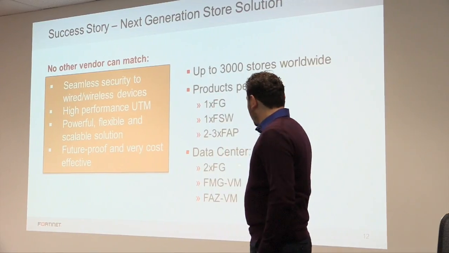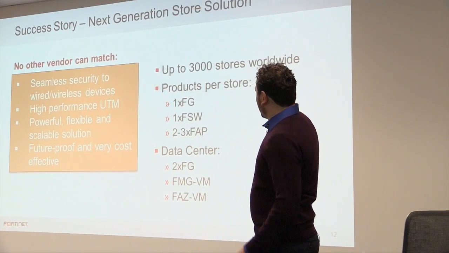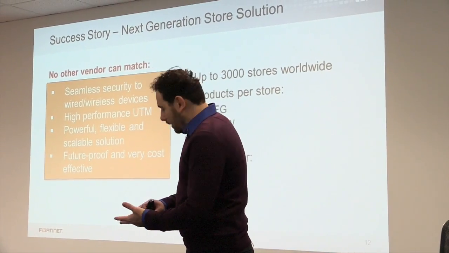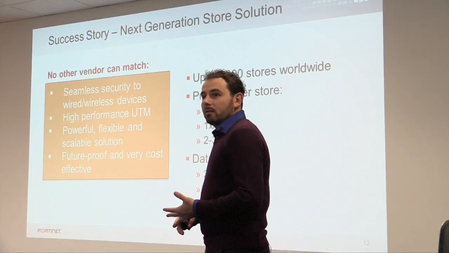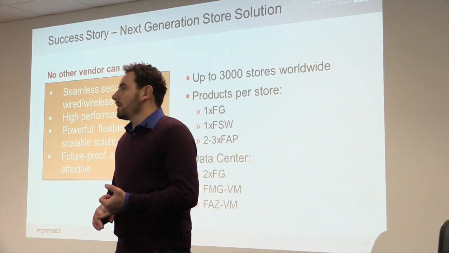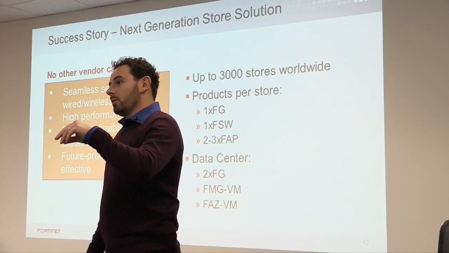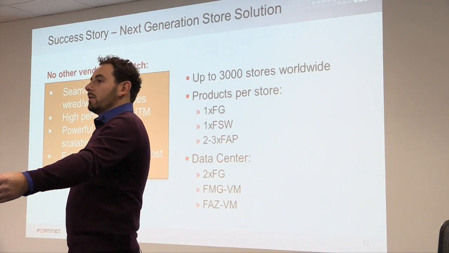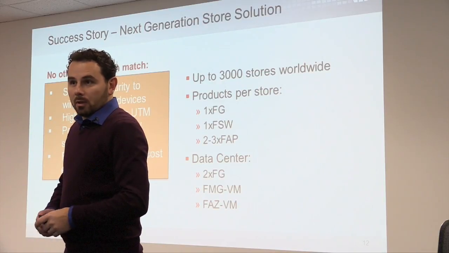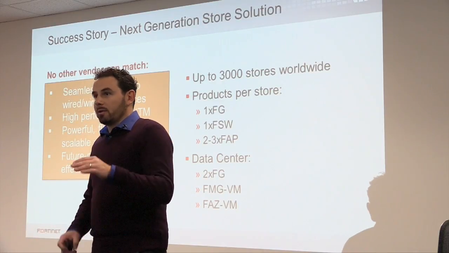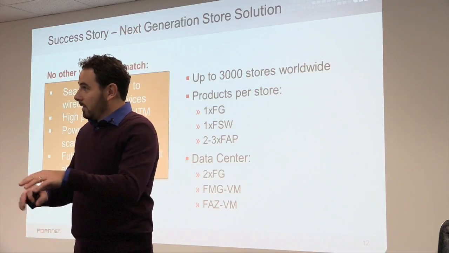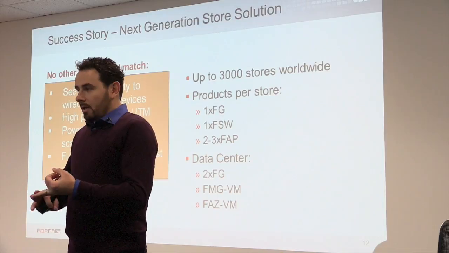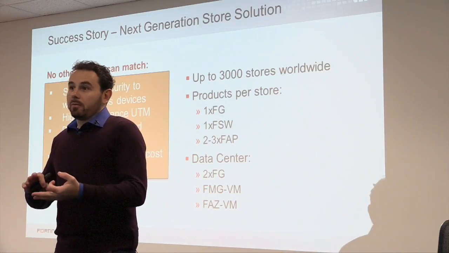So you see here that you have a package, FortiGate, FortiSwitch, FortiAP in each store. And the data center, FortiManager, FortiAnalyzer. So from the FortiGate, sorry, you can establish an IPsec tunnel to the FortiManager, and then FortiManager can easily push the configuration to all the devices. So the AP and the switch, right? And the FortiGate, of course.